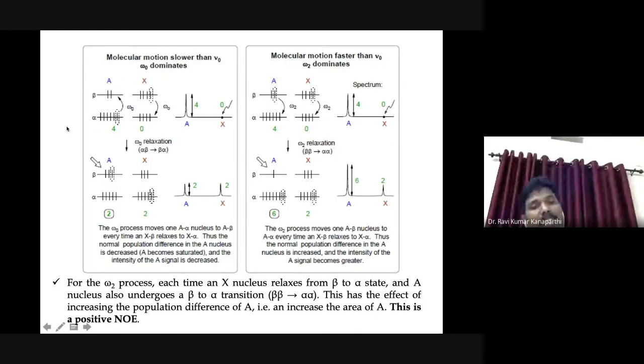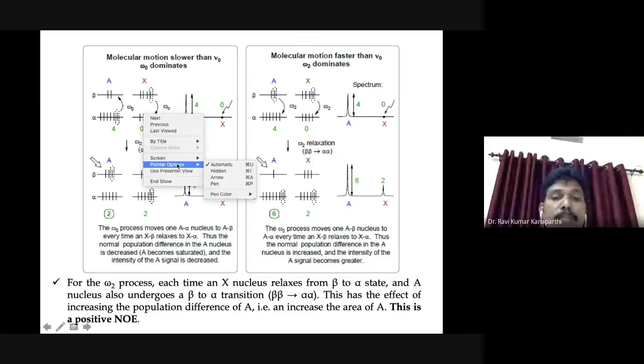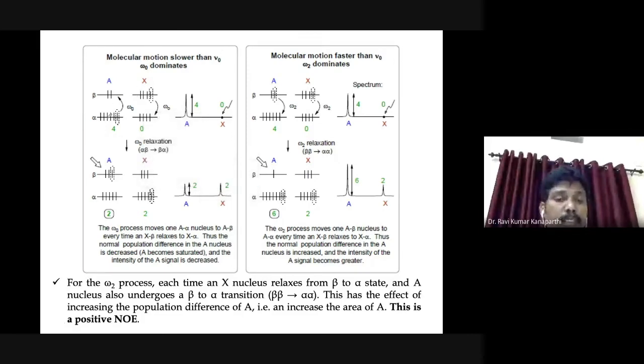What is exactly omega 0? You please recall, in omega 0, both nuclei will be changing their spins. Now we just try to understand. I did not show the saturation concept, but I started from the saturation, since we already understand that thing, so it is not explained here.